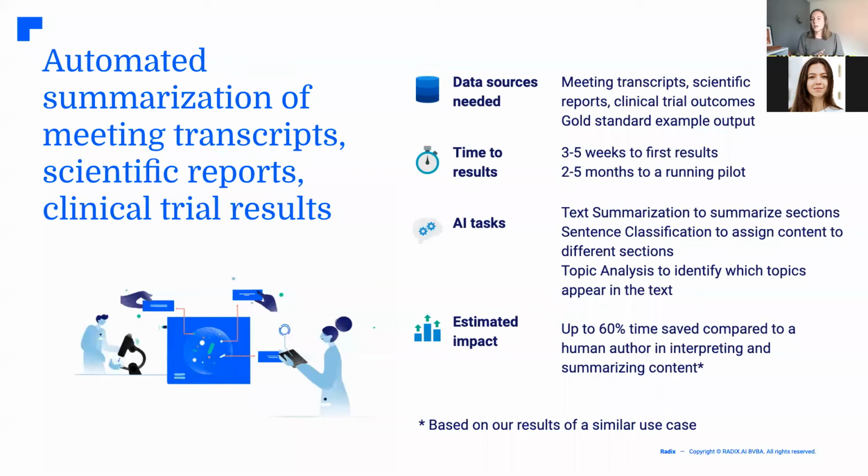So for example, we could use sentence classification to understand whether a sentence that we see in one of the data sources belongs rather to a description of results or to a conclusion, for example. Or we could use topic analysis, which you've already seen before in the social media case. Here we can identify which topics are present in the text so that we can aggregate them from different texts into one document where everything is in the same place.